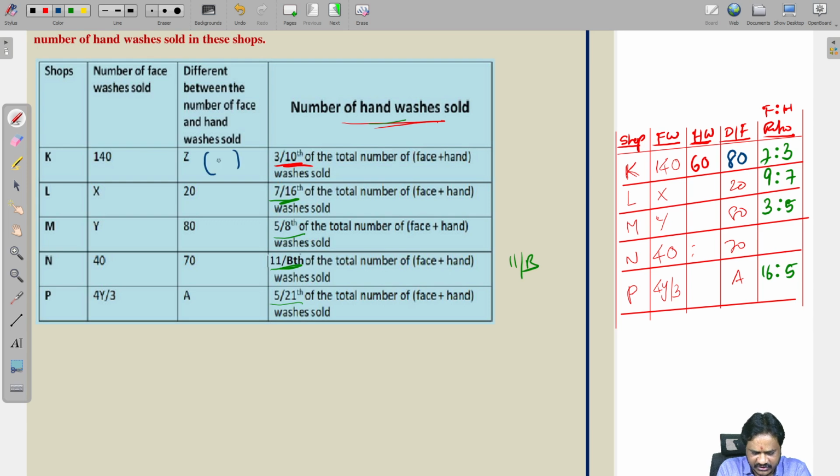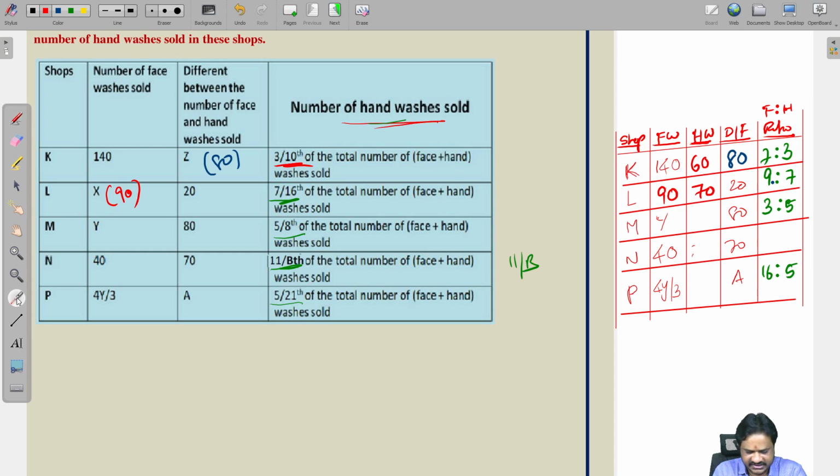Now, this is X, difference 20. 9 and 7 differ by 2 parts. 2 parts equal 20, 1 part is 10. Therefore, this is 90 and this is 70, difference 20. Therefore, X value is 90.